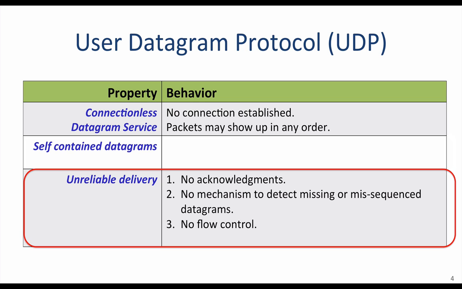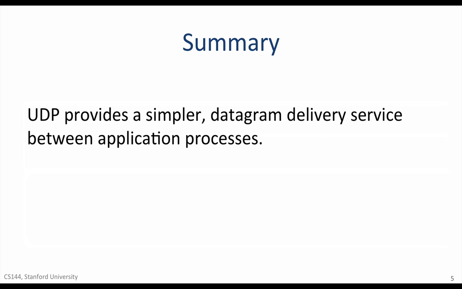For example, a few real-time streaming audio and video services use UDP. This is much less common than it used to be, because most video and audio streams over HTTP today use TCP instead of UDP. That's because they're built on top of HTTP. In summary, we say that UDP provides a simpler datagram delivery service between application processes.